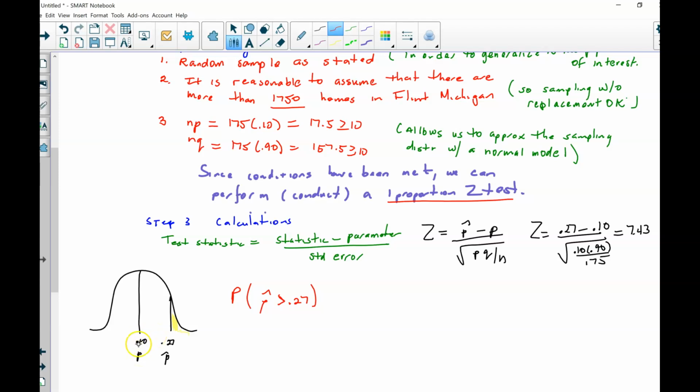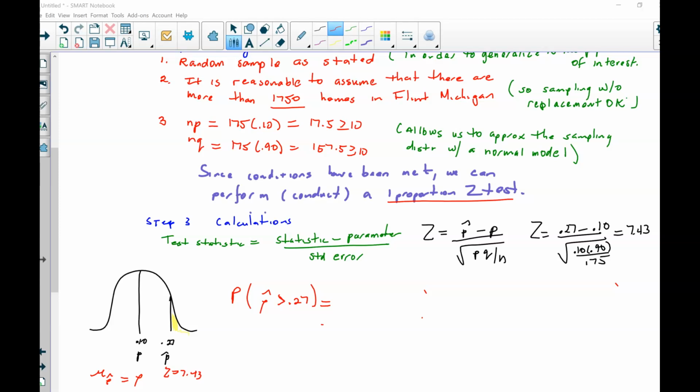Because the mean of the sampling distribution, if you recall from the earlier chapter, is equal to whatever that population proportion is. So assuming that our population proportion is 0.10, what's the chance that I could have gotten this test statistic just by chance, just random behavior? That's what the p-value is.